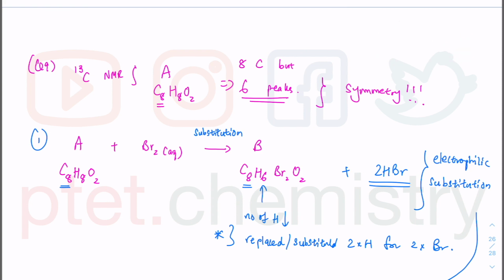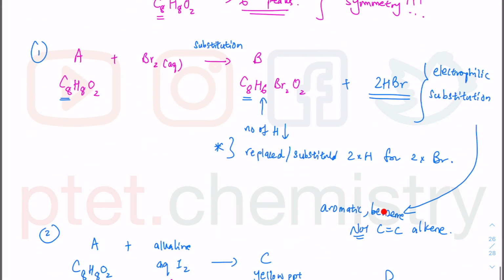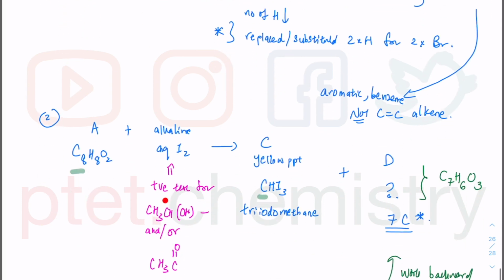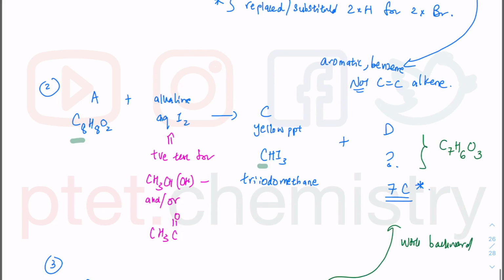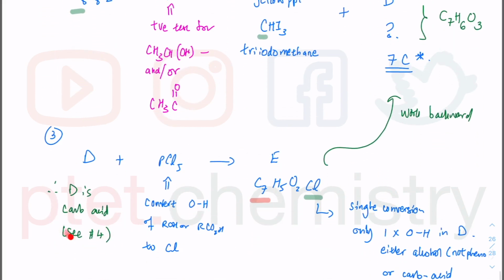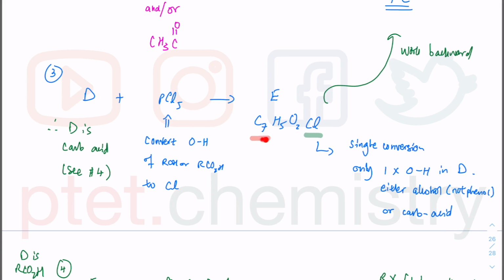Okay, so let's try and think about this again. We know we have a benzene ring, definitely. We know we have this thing, which is this alcohol or this C double bond O. We know that this is carboxylic acid because it could go there. So now I have 7 carbon, and if there is 7 carbon, this D here must be 7 carbon as well.